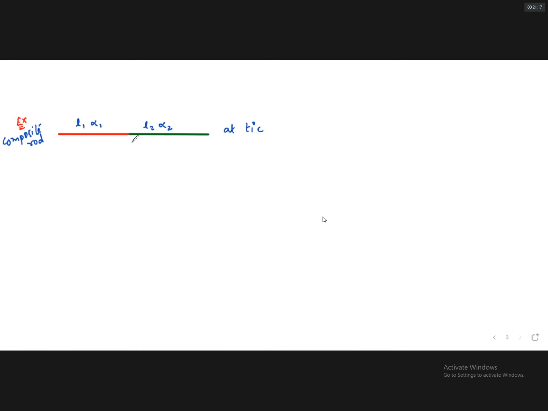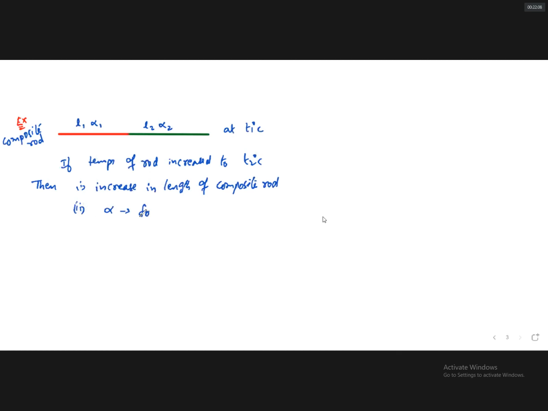If the temperature of the rod is increased to T2 degrees Celsius, we need the increase in length of the composite rod and the alpha value for that composite rod.